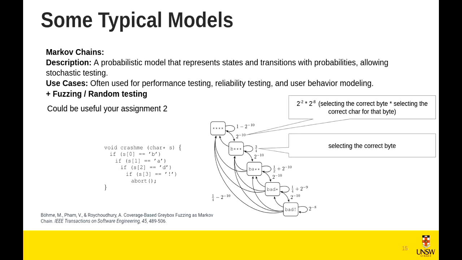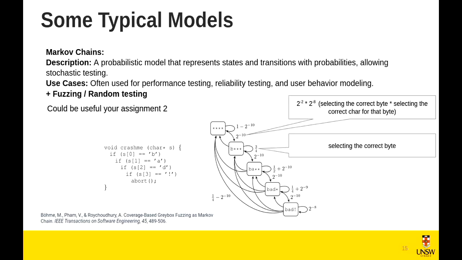Sometimes the programs have to reach a certain program state to trigger some crash or errors. If we know the probability of jumping from one state to another, we can somehow calculate the effort of getting from one place to another.